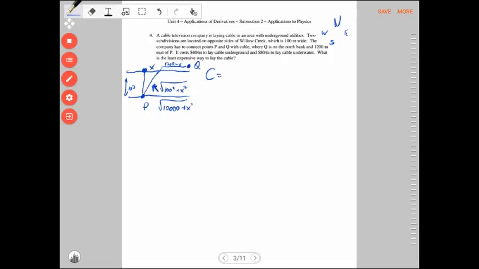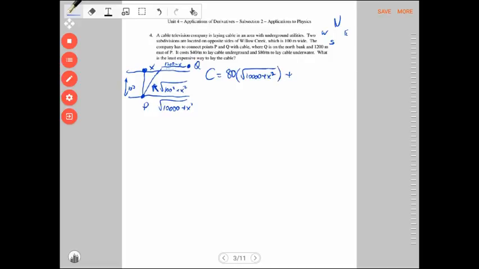That's the distance, and it costs $80 a meter, so $80 times the square root of 10,000 plus x squared. Great, so that's the cost underwater.